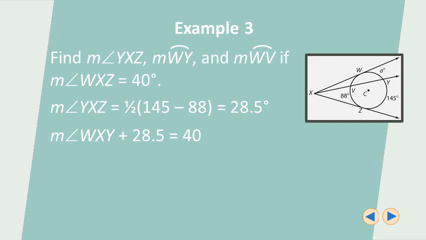Our angle addition postulate. So I'm going to subtract 28.5 from 40 to find the value of WXY, right? That's 11.5 degrees. So I know that this 11.5 has to be 1/2 the difference between arc WY and arc WV.